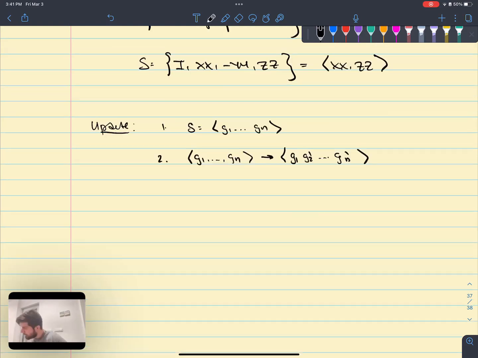And then third, you replace G1 with plus or minus G, depending on the outcome of the measurement.